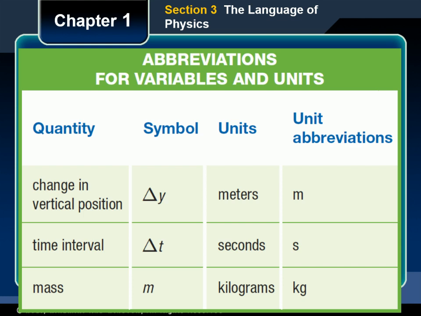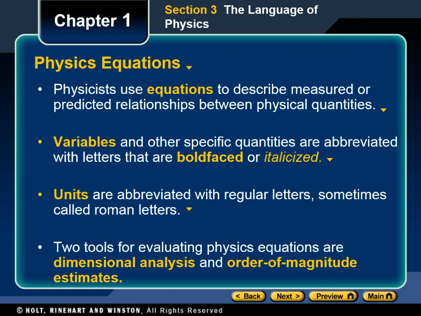Some examples of variable symbols and the abbreviations for the units that measure them are shown in Figure 3.4 on page 25 of your text or on the screen now. As you continue to study physics, note the introduction of new variable quantities and recognize which units go with them. The tables provided in appendices C through E can help you keep track of these abbreviations.